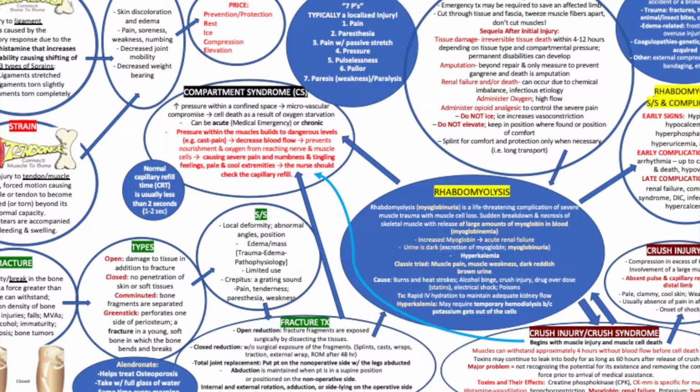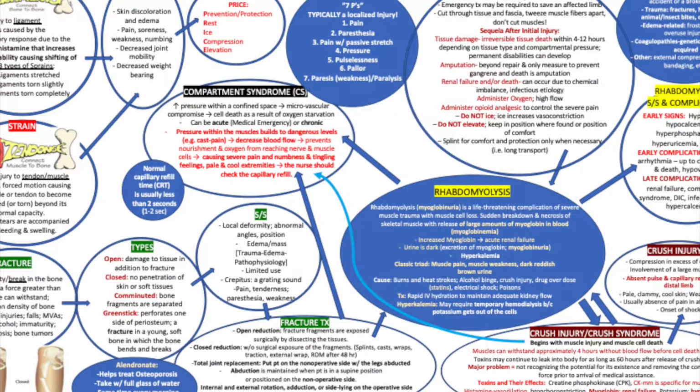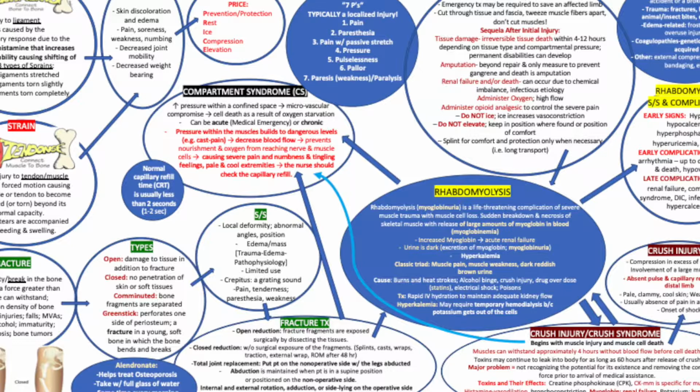Some early signs of rhabdomyolysis would be hyperkalemia, hyperphosphatemia, hypocalcemia, hyperuricemia, and acidosis, and some late ones would be acute renal failure, DIC, compartment syndrome, and infection.